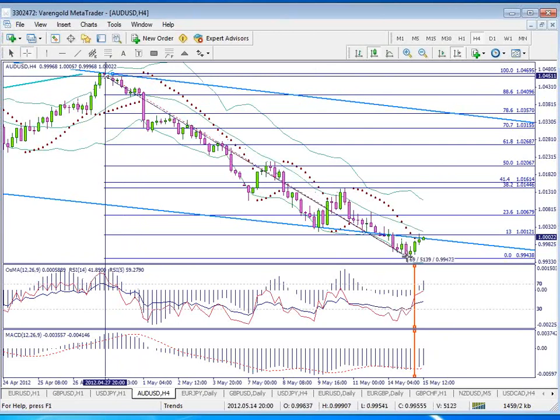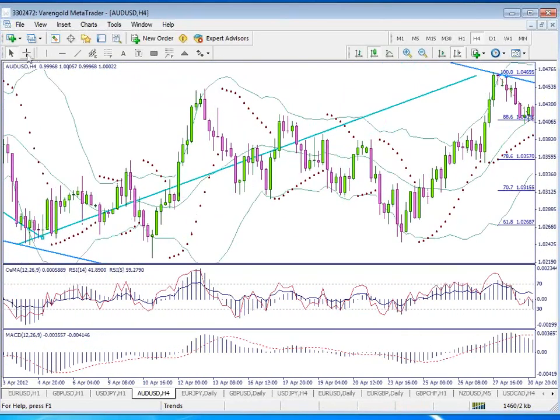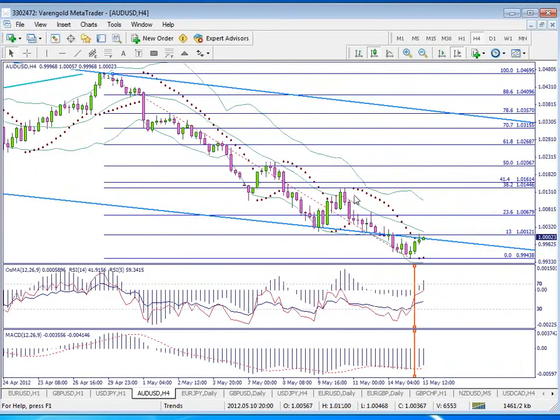This was about 69 candles. The previous wave was about 100 candles. So we have to look for several days for this target to be reached.